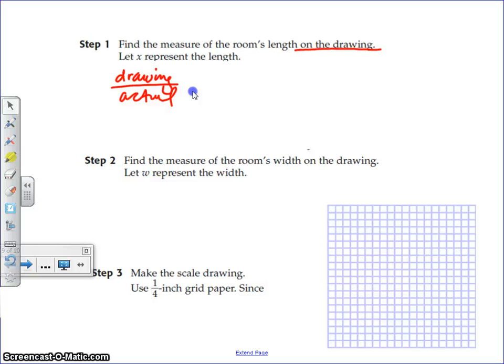Let X represent the room length. Okay, so we're going to do drawing over the actual thing. So in our scale, we know that in the drawing it's 0.25 inches equals 4 feet. The drawing over the actual, 4 feet.